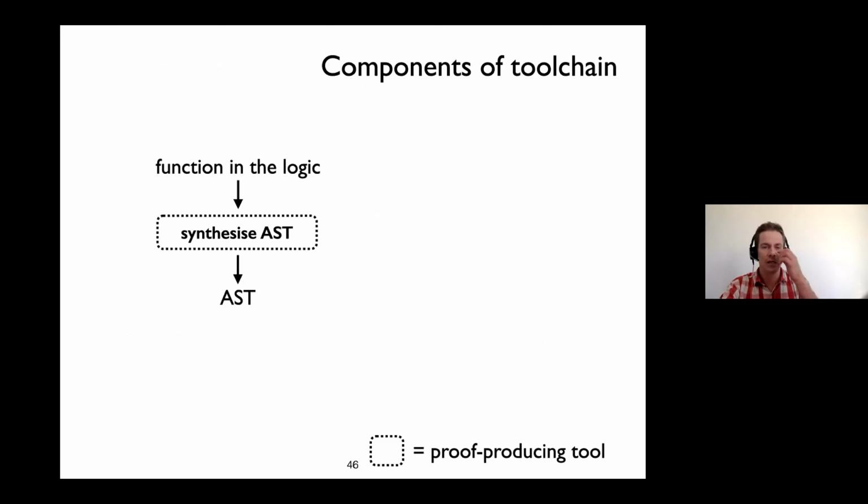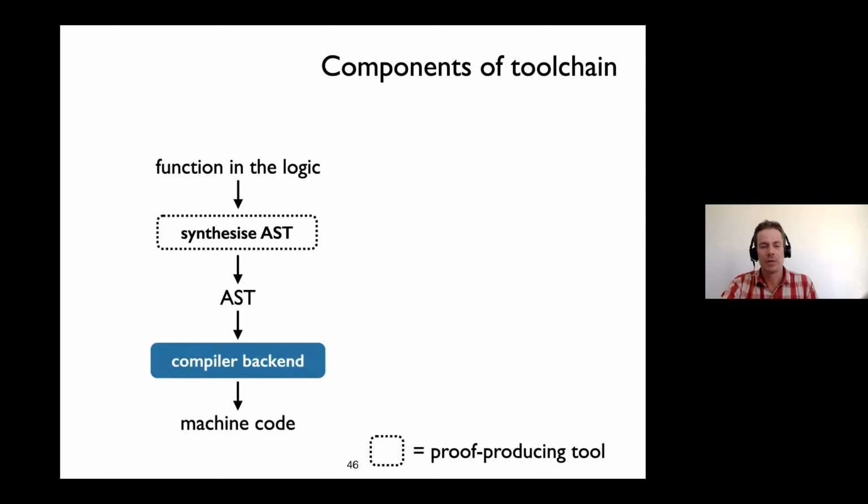One of the key components of the CakeML project is that we have a very nice way of going from functions in the logic via a proof-producing tool down to CakeML source abstract syntax. And then from there, via a verified compiler, down to machine code. So if you write your checker as a function in the logic, which is a fairly nice way of programming it for proof purposes, then with the push of a few buttons you can get down to verified machine code implementing exactly your checker function.